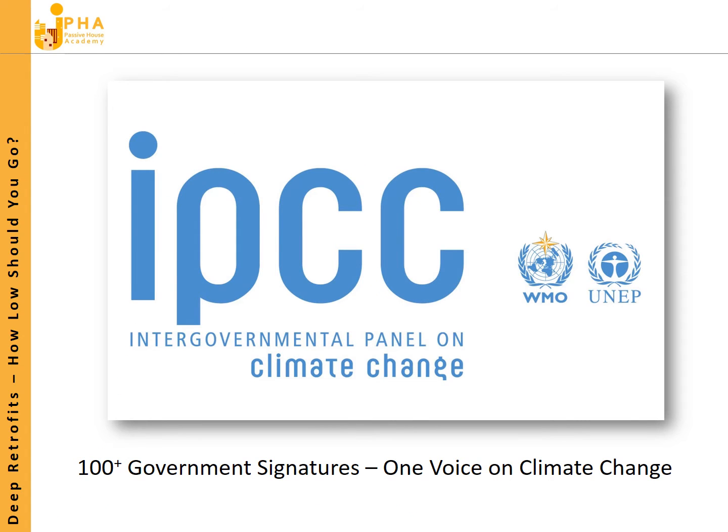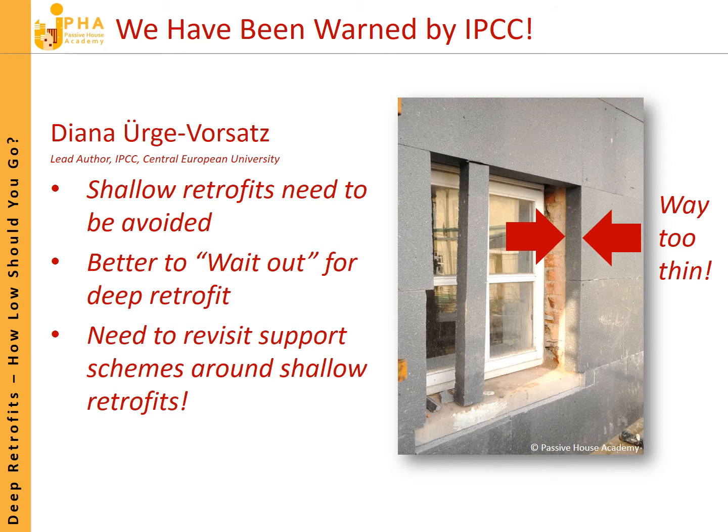The Intergovernmental Panel on Climate Change, IPCC, is, I suppose, a global policy body on energy efficiency and involved over 100 government signatures. And the lady who wrote the chapter dealing with buildings is Diana Ürge-Vorsatz, and she has warned us to be very, very careful to avoid what she calls shallow retrofits.